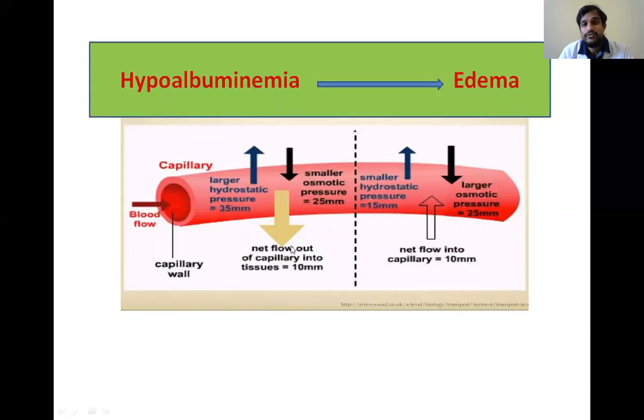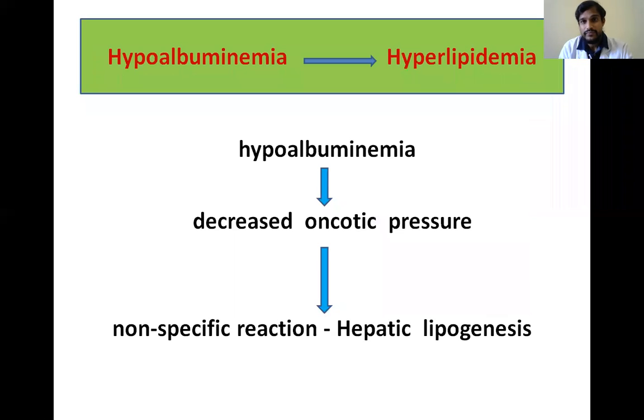Outflow of these fluids will accumulate in the tissues, which is nothing but the edema. So in this way, proteinuria is leading to hypoalbuminemia, which is leading to edema by decreasing the osmotic pressure and outflow of the fluids. So this is the mechanism of edema in nephrotic syndrome.